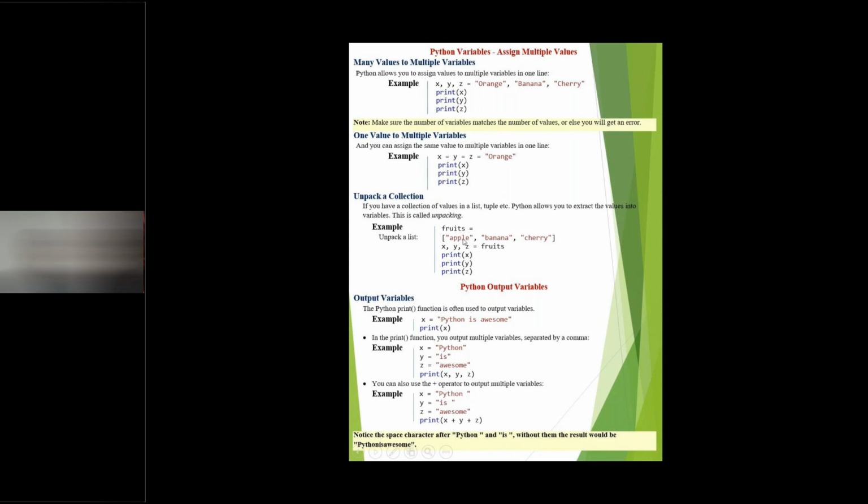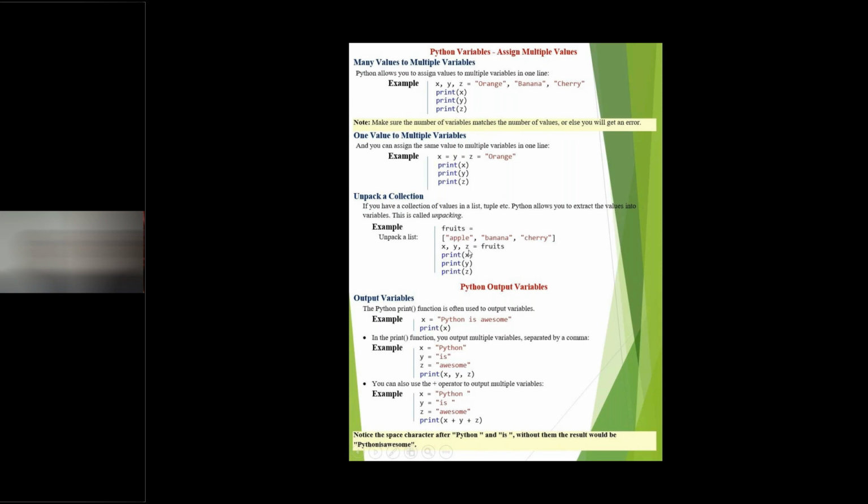We are assigning apple, banana, cherry to fruits. Now, if you want to split all these values into three different variables, x, y, z is equal to fruits, automatically apple will be assigned to x, banana will be assigned to y, and the last value, cherry, will be assigned to z.